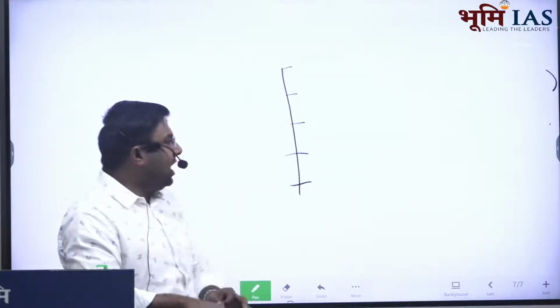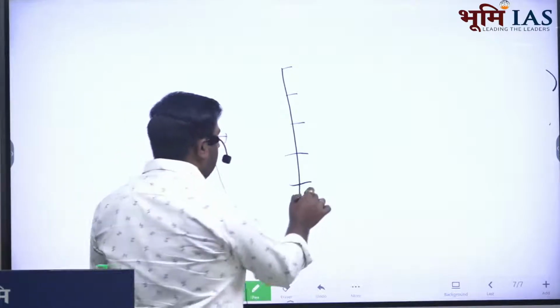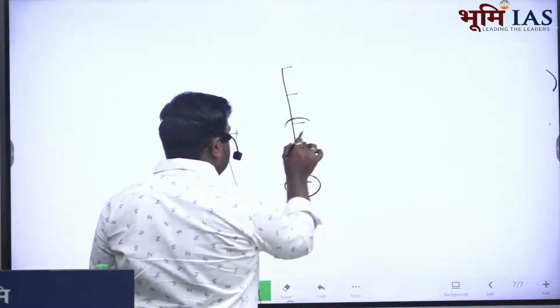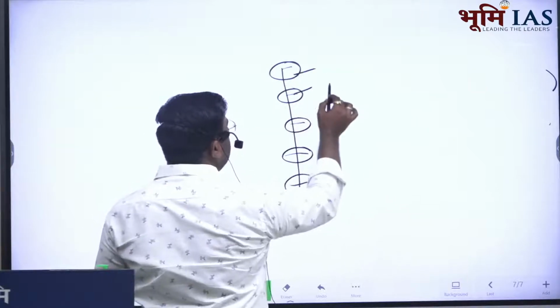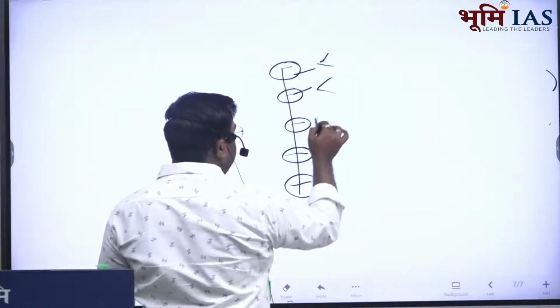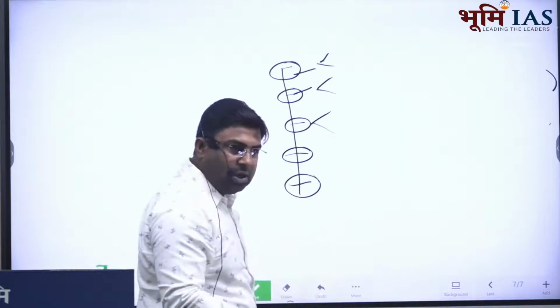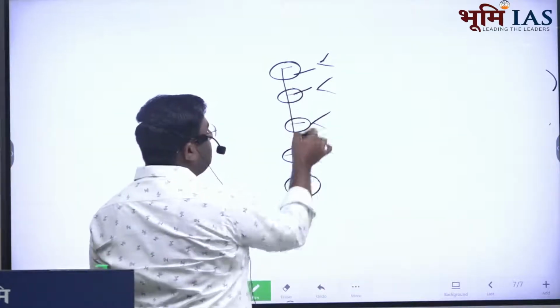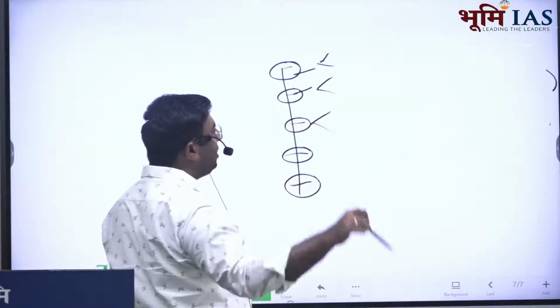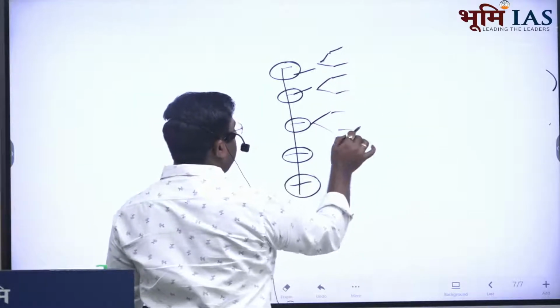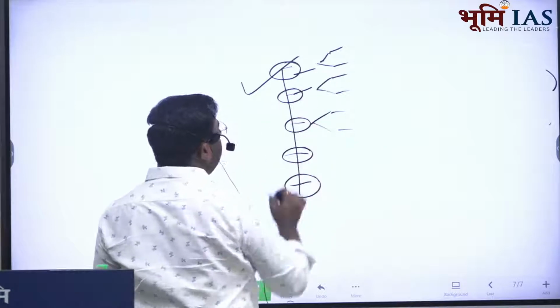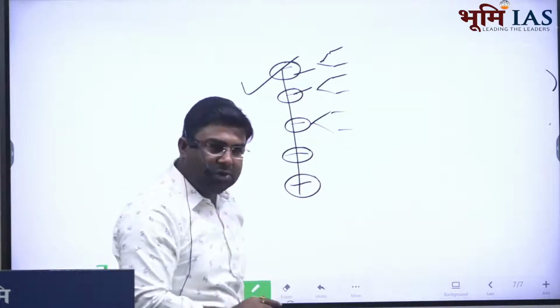So first think whether the given transaction has a relation with either of these two conditions of capital account or not. If any given transaction has a relation with either of the two conditions of capital account, you will consider it a part of capital account.